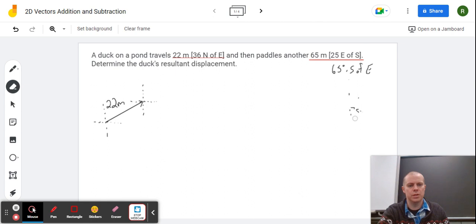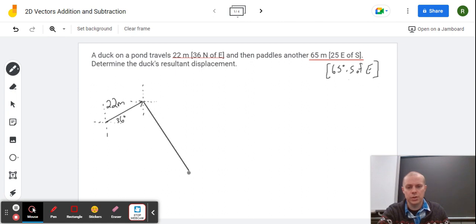Okay, so I'll just scratch this out here. So this second angle, as we said, it has a much larger distance, 65 meters, and it is 65 degrees south of east.